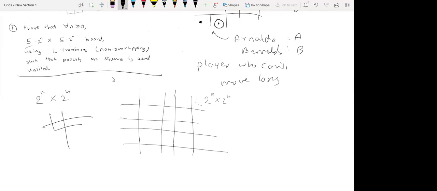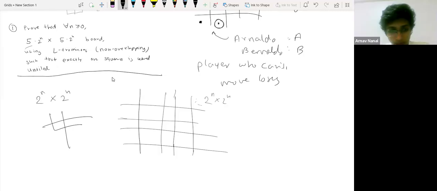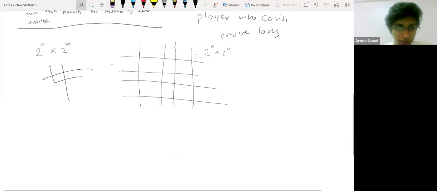So 25 is 1 mod 3, and 2 to the power 2n will always be 1 mod 3. Therefore, the total number of squares will also be 1 mod 3, and since L dominoes always cover 3, 1 square will be left untiled at last. Yes, that argument is true, but how do you know that you do not end up with something like this?